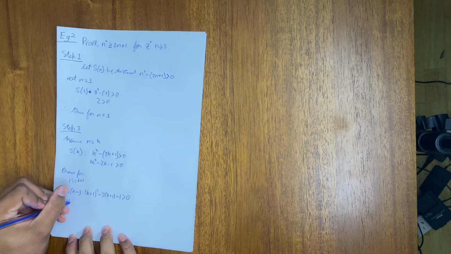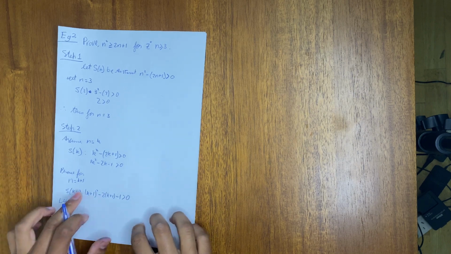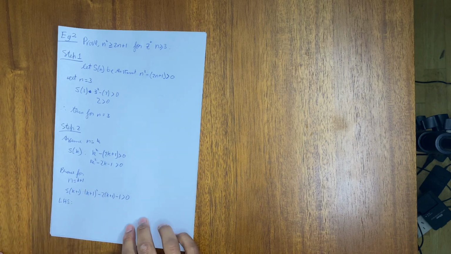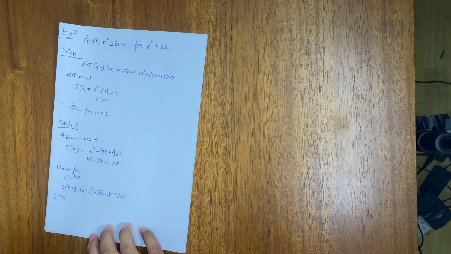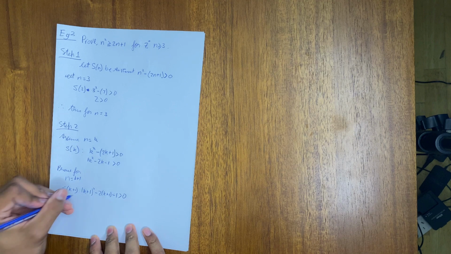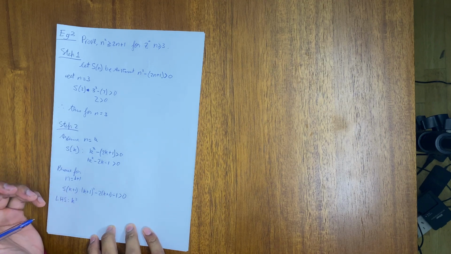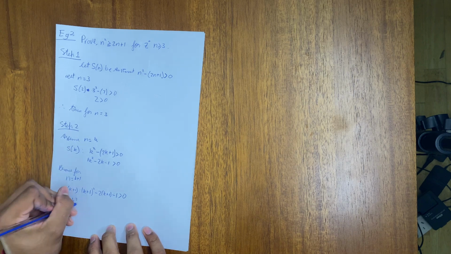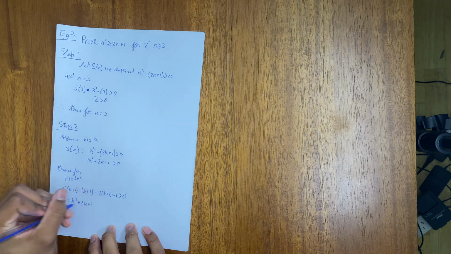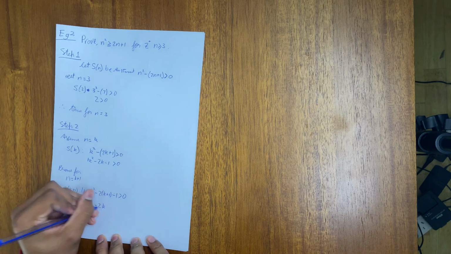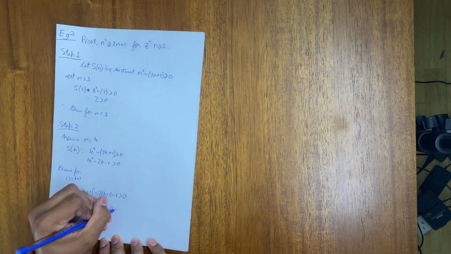LHS, let's just try and simplify the left-hand side. So we have k plus 1 all squared is k squared plus 2k plus 1 minus 2k minus 2 minus 1.